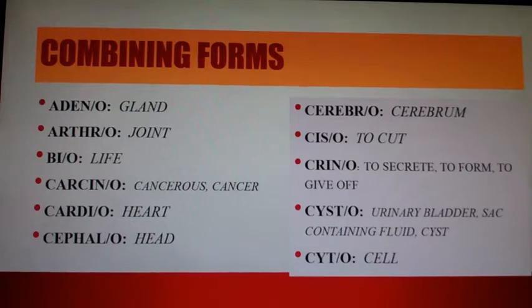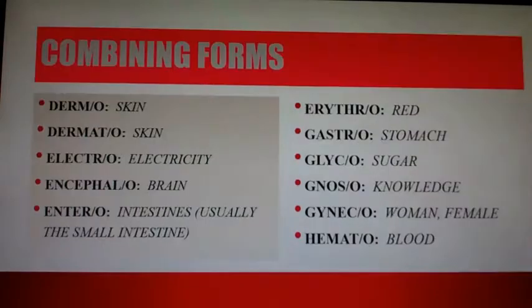Schizo, I don't always know how you pronounce them, combining forms. It means to cut. Crino means to secrete, to form, or to give off. Cysto means urinary bladder, sac containing fluid, or cyst. Cyto means cell. More combining forms.